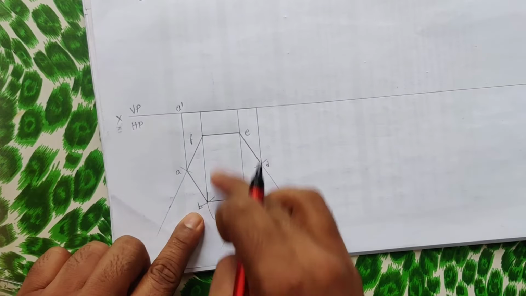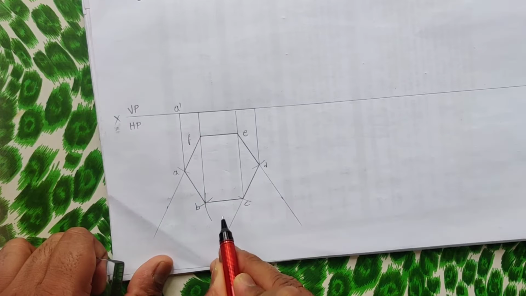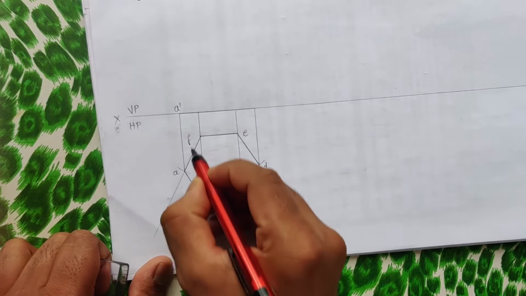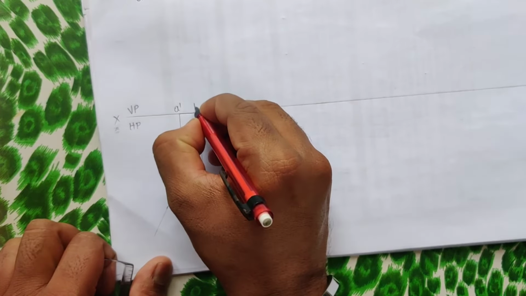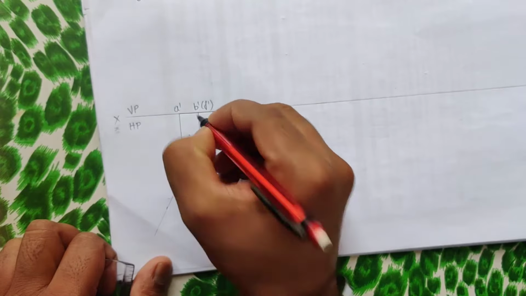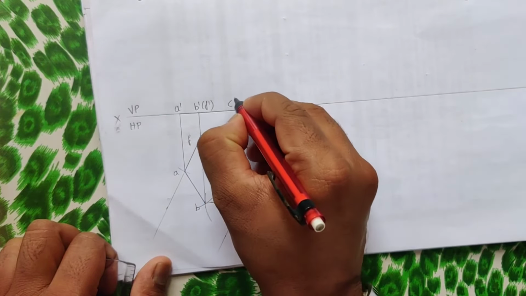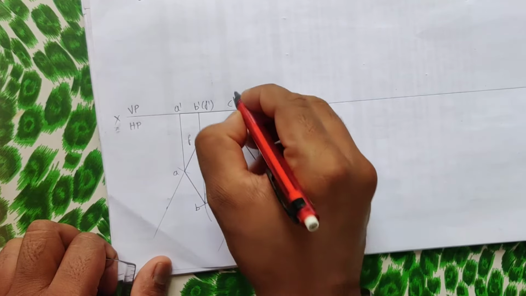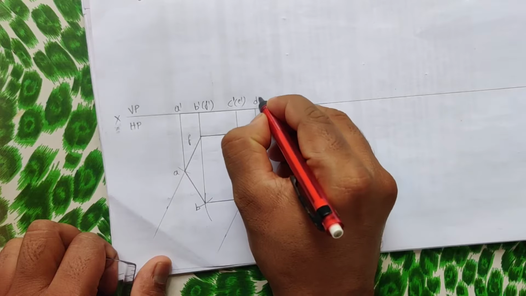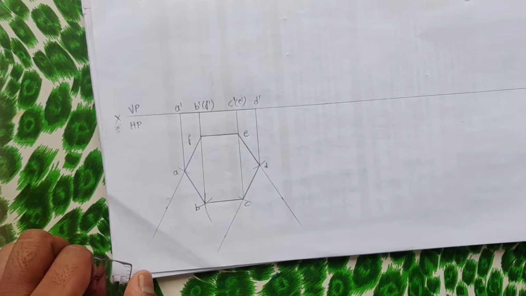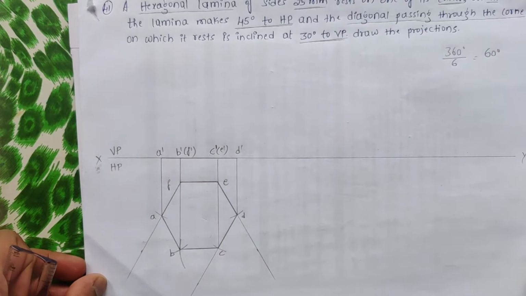Here B and F are on the same line. From front we can see only B. We cannot see F because F will be hidden because of B. So B dash outside the bracket and F dash inside the bracket. Similarly here we can see only C, so C dash outside and E dash is hidden, so it will be inside the bracket, and here D dash, which is visible, so it will be outside the bracket. So we got even the front view in the first position.